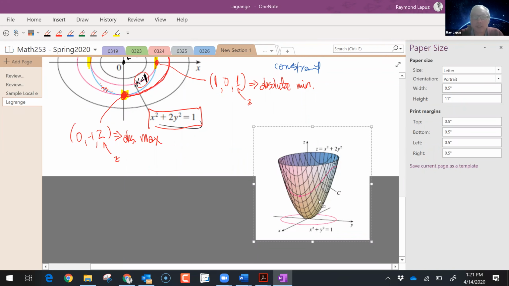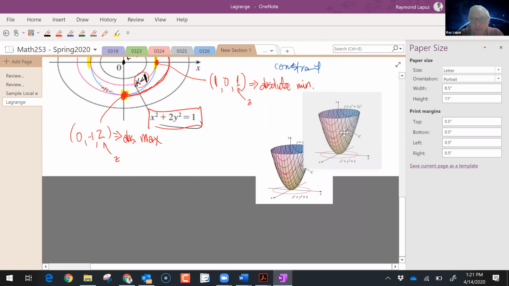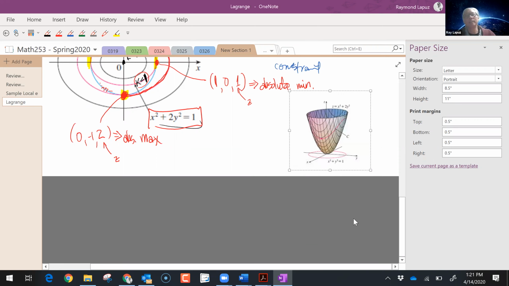So you can barely see it, but the red curve is being projected from the XY plane up to the surface.